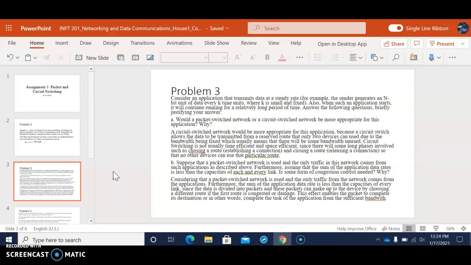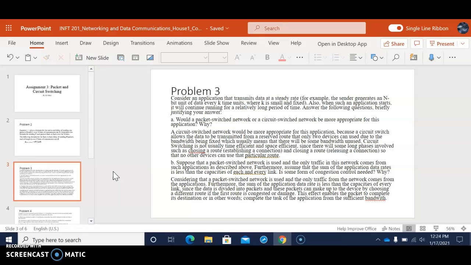You cannot reclaim those bandwidths, because they are gone. And it is also not very time efficient, since the packets don't usually come in order in circuit switching.